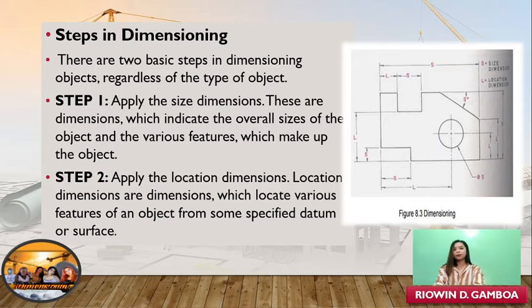As you can see in the picture, the S is the size dimensions, and the red L is the location dimensions. So, when locating items within the drawing, such as a hole or other objects, always give the horizontal and vertical position as it relates to an object. Before this, give the size of the object.